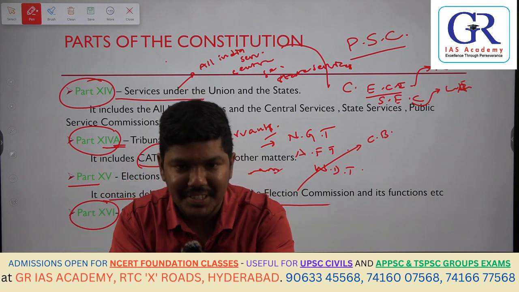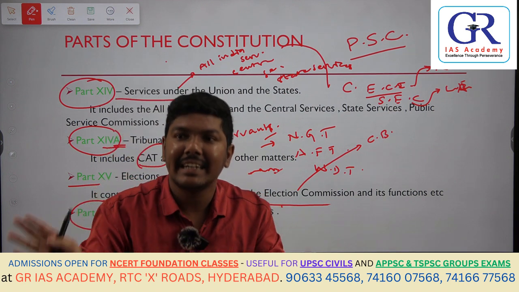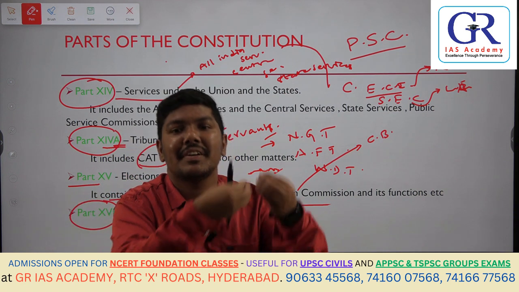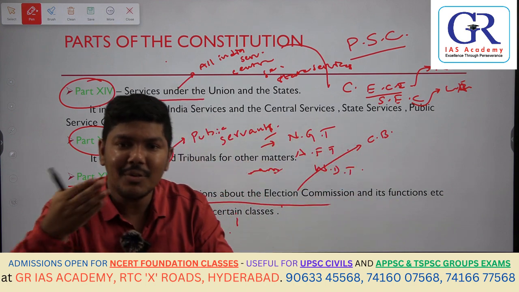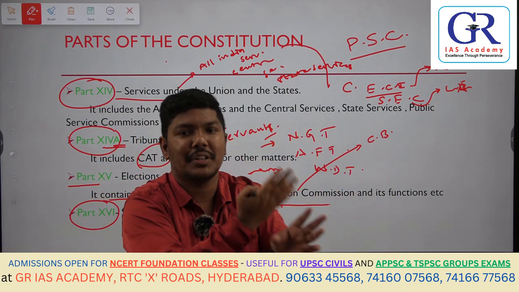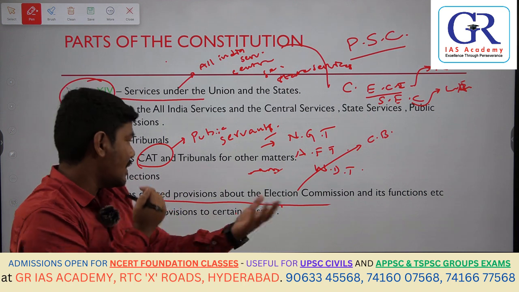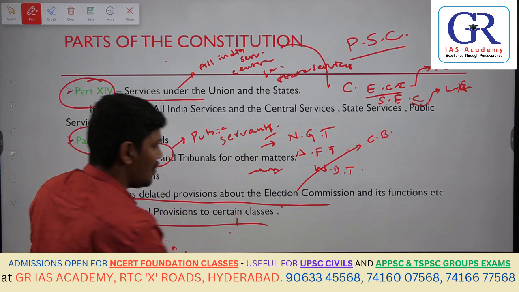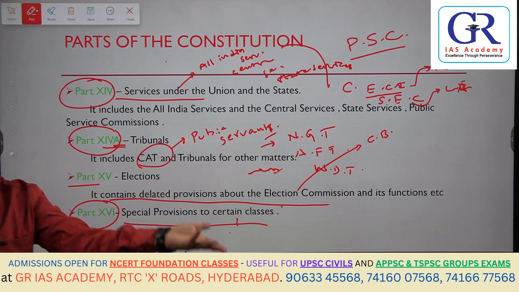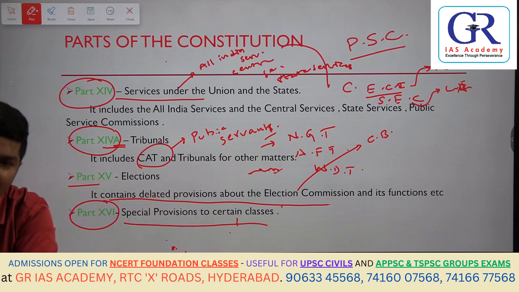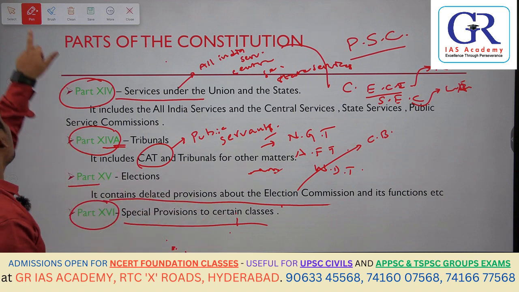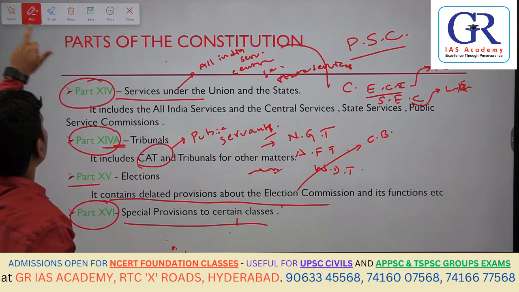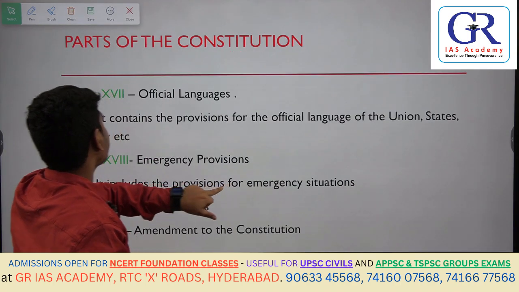You will give some reservation, you will waive off the entrance fees, you will seek some reservation in the case of promotions. That is how we bring them into the mainstream of society. This part is all about special provisions for certain classes. That includes scheduled castes, scheduled tribes, and backward classes. We are coming to the last part.